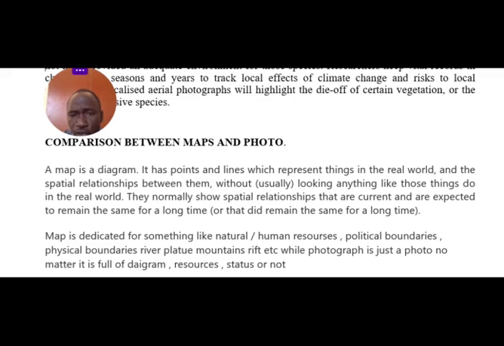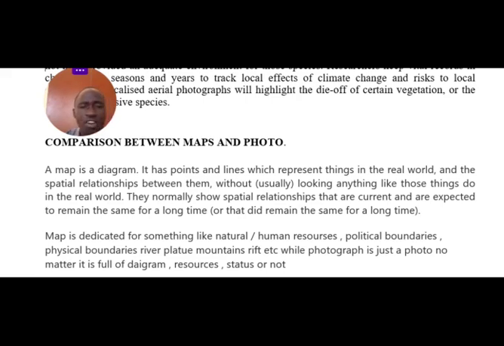When you look at the photographs, these ones try to show... Maps are in what we call diagrams, and they have points and lines which represent different features in the real world, and also they show what we call the spatial relationship between them without looking at anything like the real world.